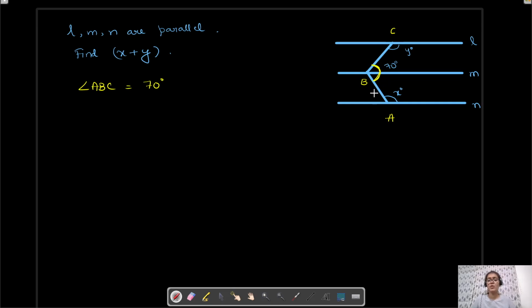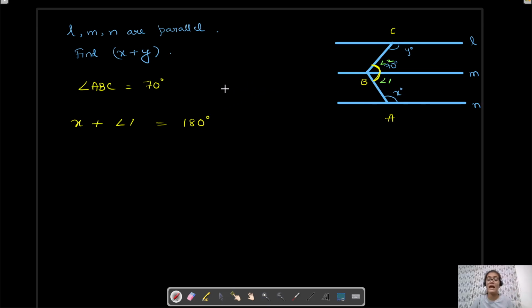Okay, so we want to find out the value of x plus y. Now we know that the sum of two angles on the same side of the transversal is 180 degrees. So if I say that this angle is angle 1 and this smaller angle is angle 2, then x plus angle 1 is going to be equal to 180 degrees, because x and angle 1 are on the right hand side of the transversal, on the same side.